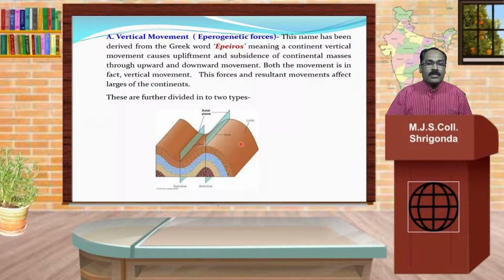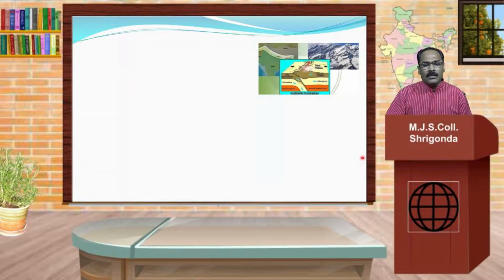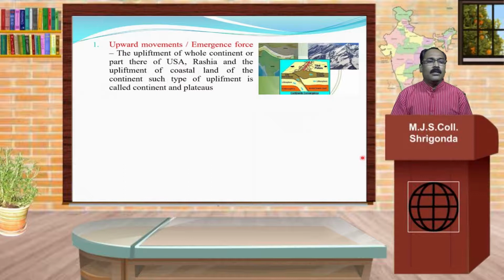These forces and resultant movements affect large parts of the continents. These are further divided into two types: upward movements and downward movements, the emergence force.